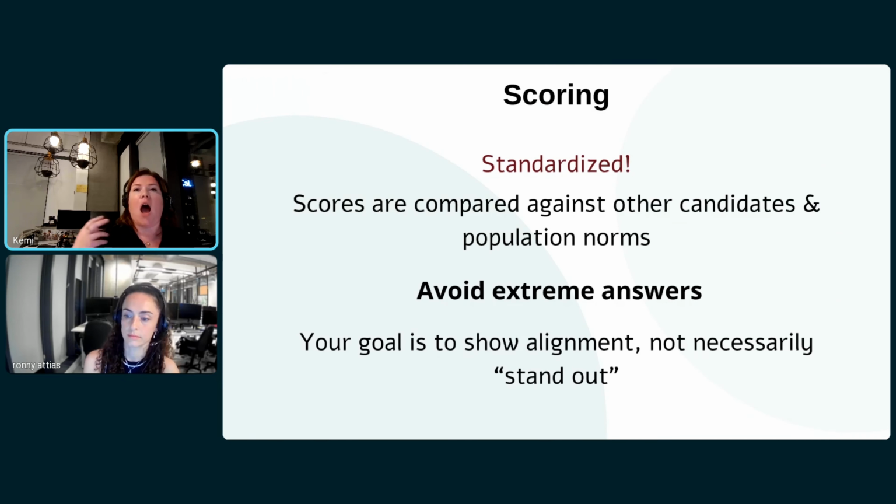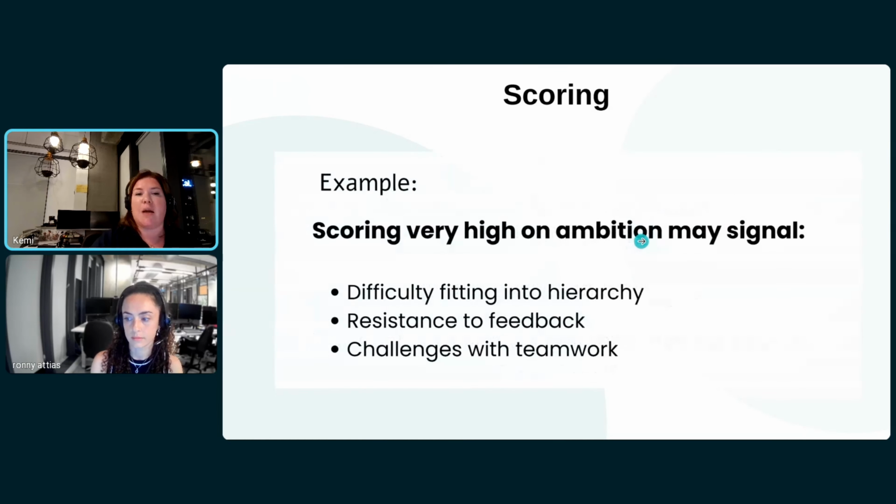In fact, overly high scores could come to your detriment. For instance, if you score really high on ambition, yes, you could be a very ambitious person, but it may signal in the personality assessment that you will have difficulty fitting into a hierarchy, resistance to feedback from peers or managers, or even challenges with teamwork.